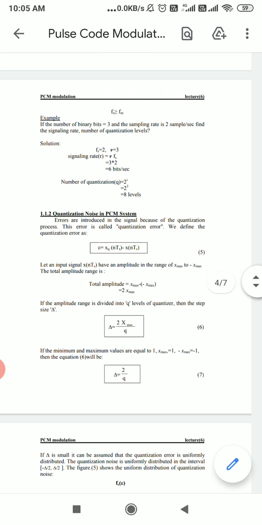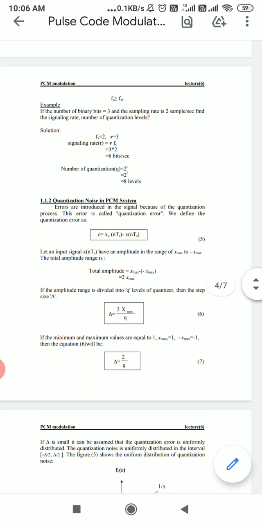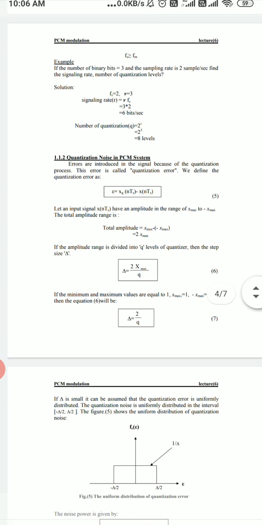Therefore your step size delta, you can denote it with d or use a triangle for the step size. If you take both values as 1, you get delta equal to 2 by q.